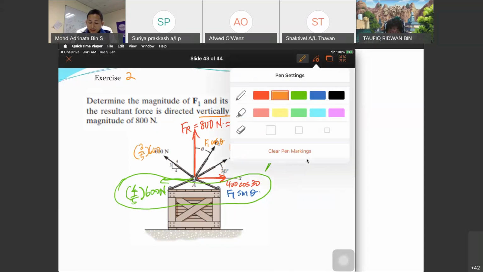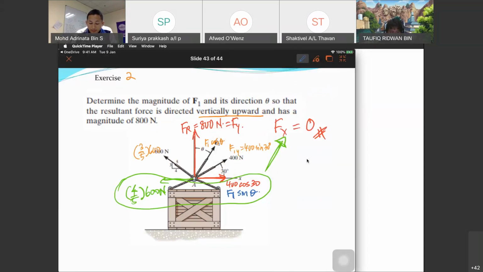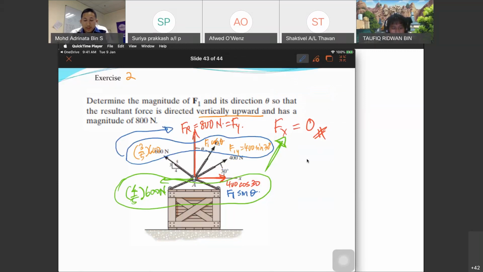And this one equals 800 Newton. So sigma Fy equals 800 Newton. From that you have your unknowns F1 and theta. So you can get the answer when you have two equations.